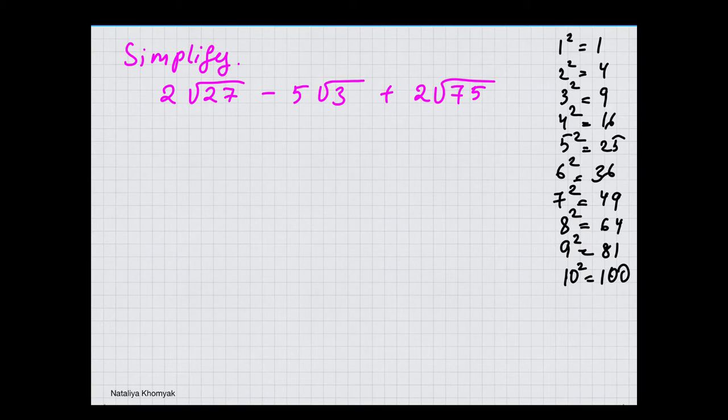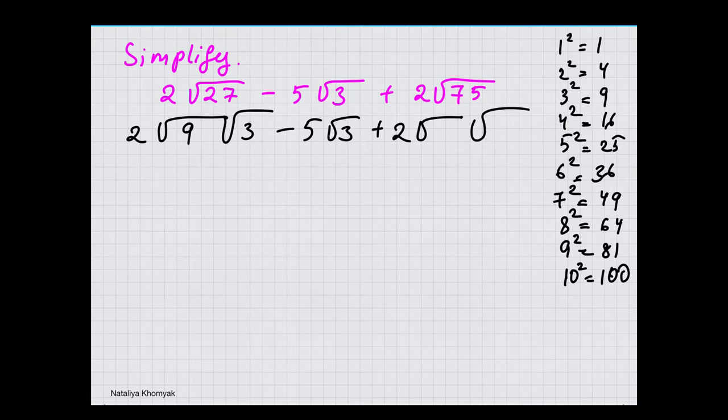Okay, so let's simplify this. This becomes 2 times, 27 can be written as 9 times 3, minus 5 radical of 3 plus 2 times, 75 can be written as 25 times 3.